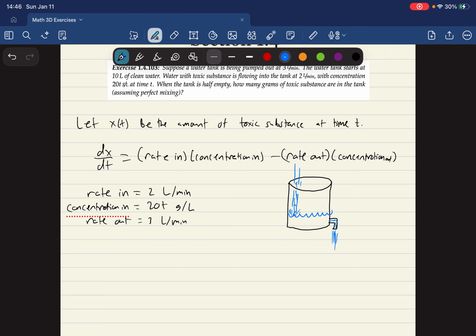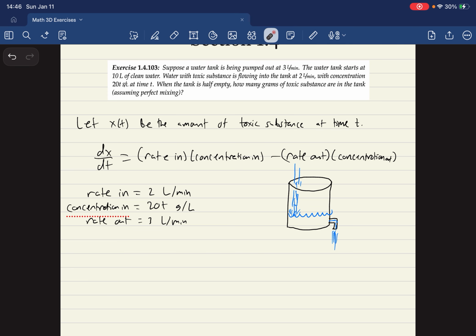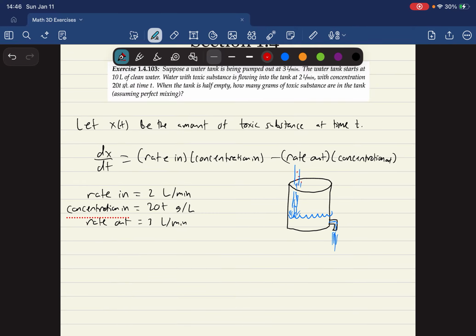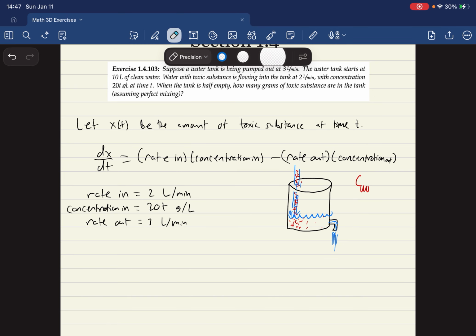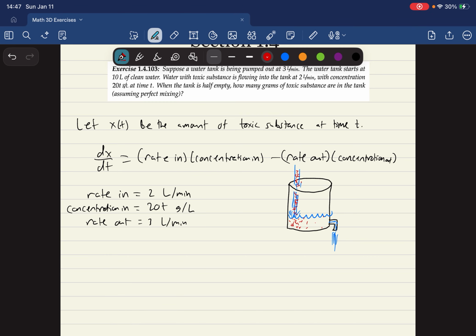What we want is the concentration here in this faucet that drains out the water. And just for fun, I'm going to draw all the toxic waste coming into our clean water and polluting it. Poor thing. I can't draw a skull. I'm not going to try.